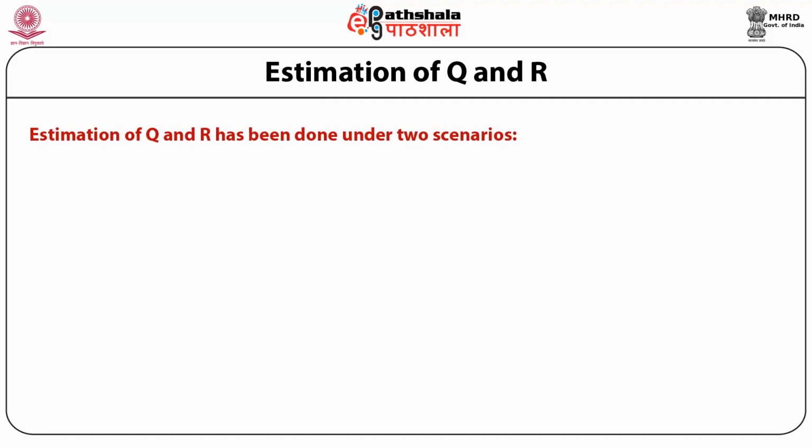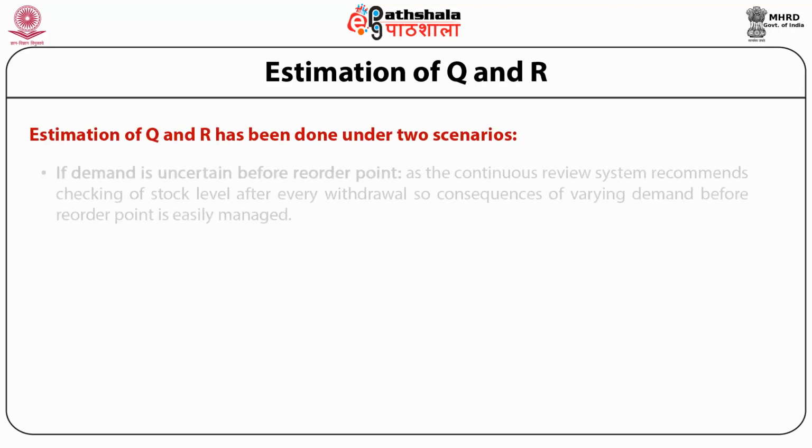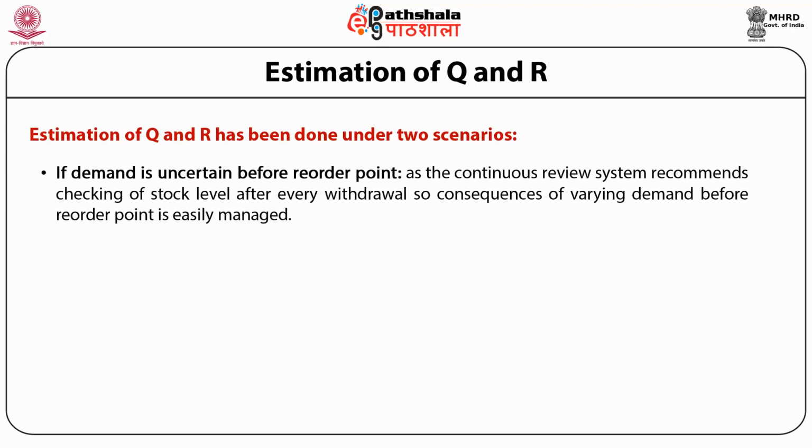Estimation of Q and R has been done under two scenarios. If demand is uncertain before the reorder point: as the continuous review system recommends checking the stock level after every withdrawal, the consequences of varying demand before the reorder point are easily managed.